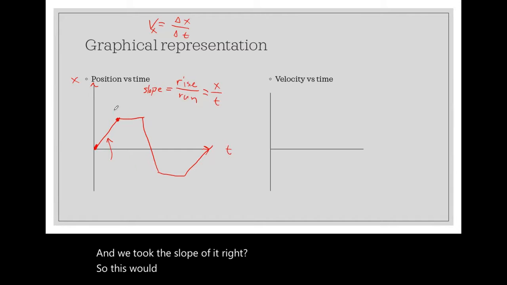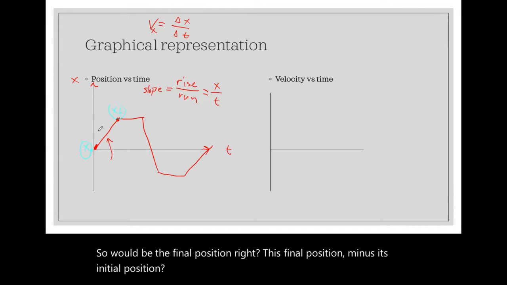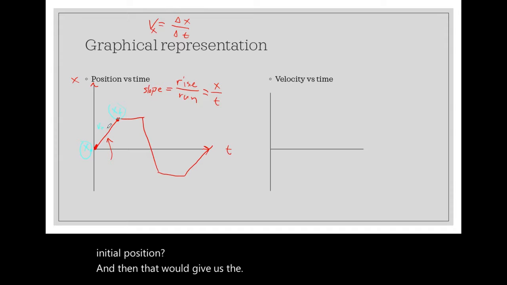So this would be the final position here, x final. This would be x initial. And so it'd be this final position minus this initial position. And that would give us the velocity of that part of the graph.